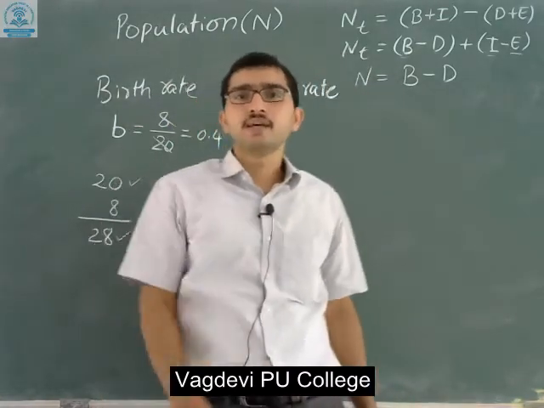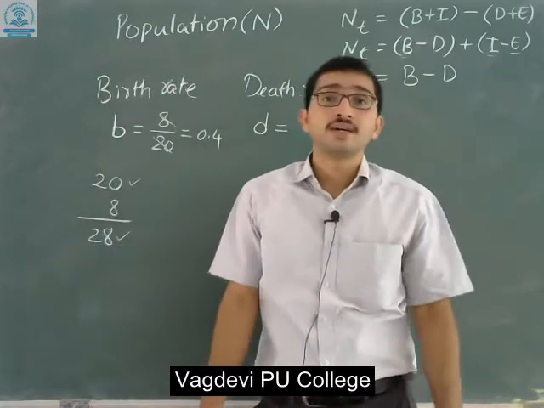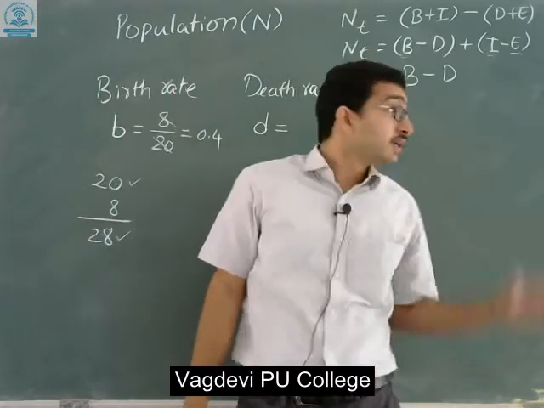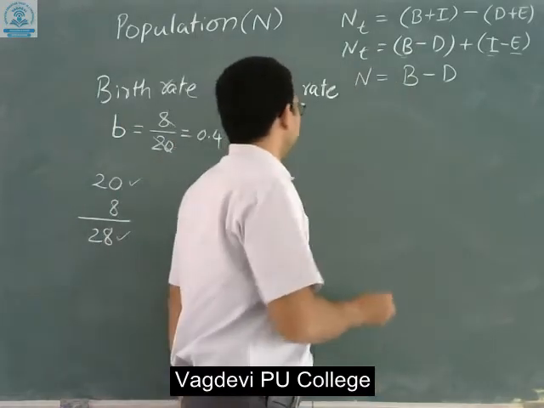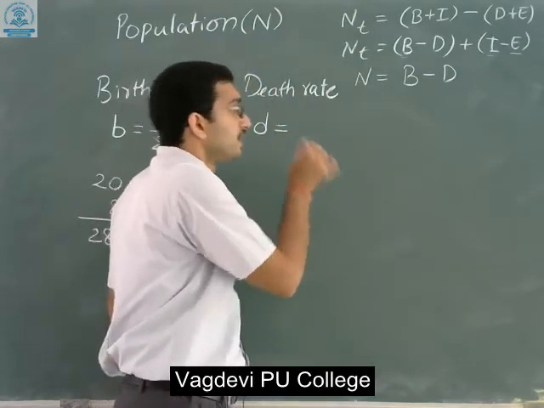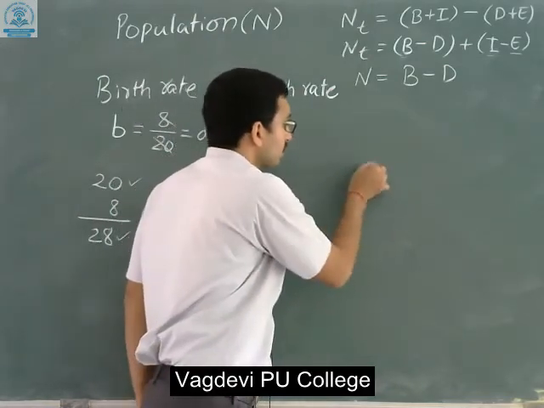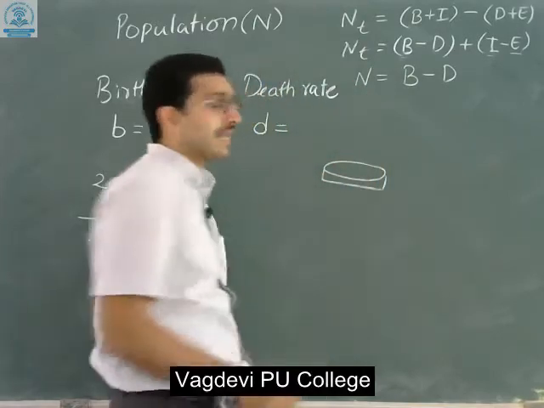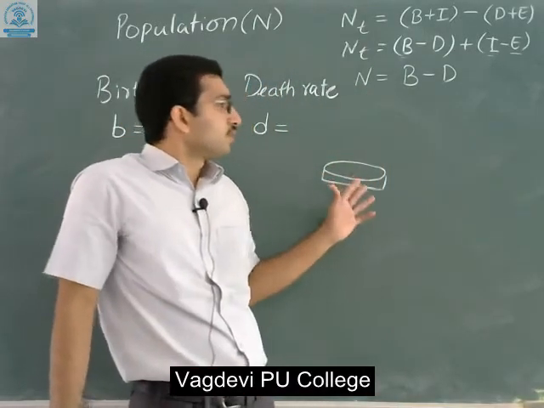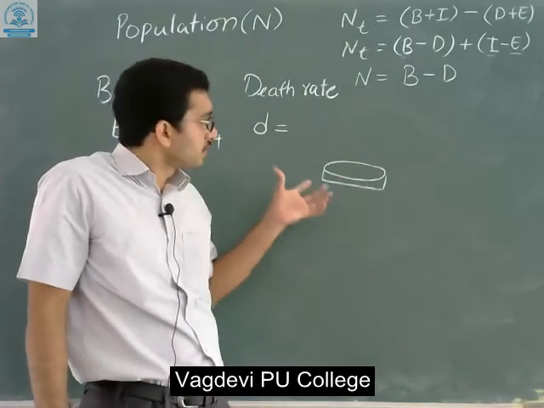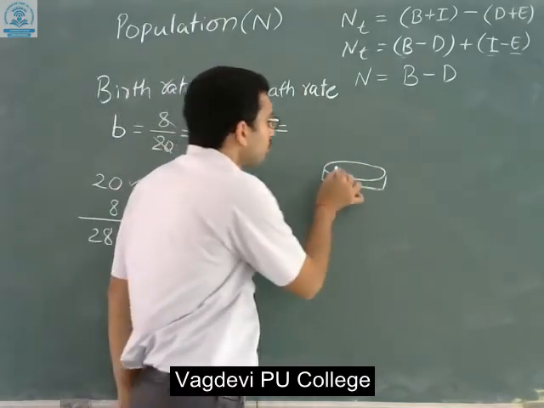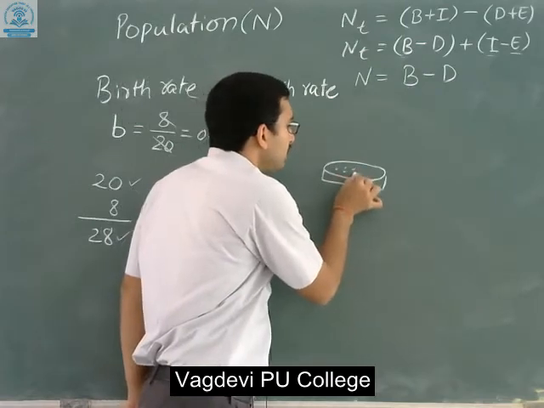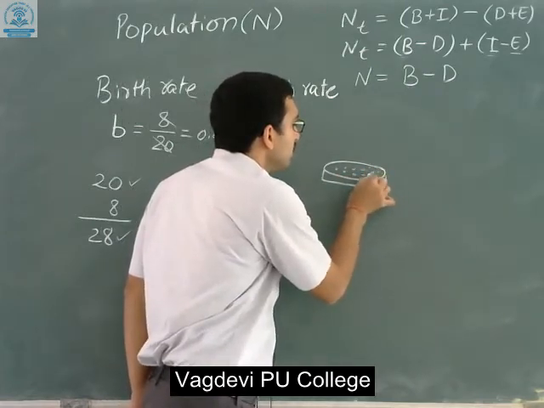Now similarly we can also find the death rate in any population. Let's see the death rate with one example. In a petri dish we have found that 40 fruit flies were growing.